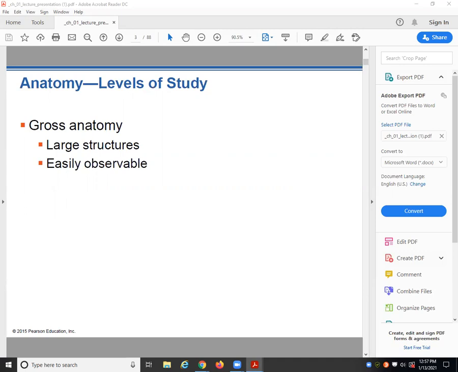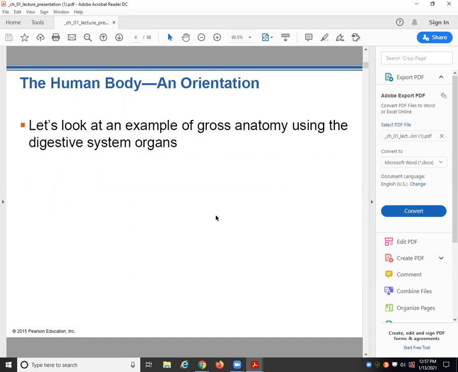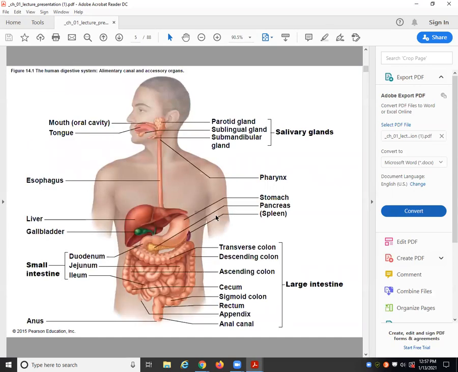All right, gross anatomy. So gross has to do, it's not like something is nasty. Gross means large, okay? So you're dealing with large structures that you can easily see. All right, so the human body, we'll look at examples of gross anatomy using the digestive system as an example.